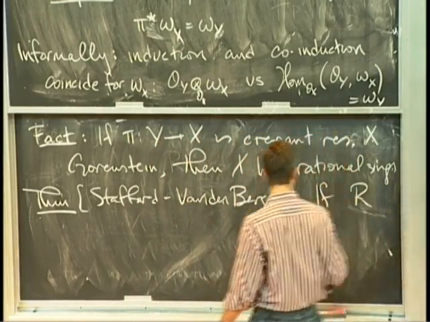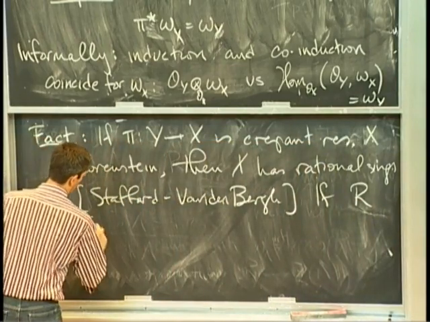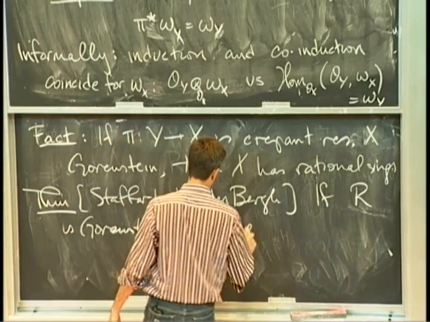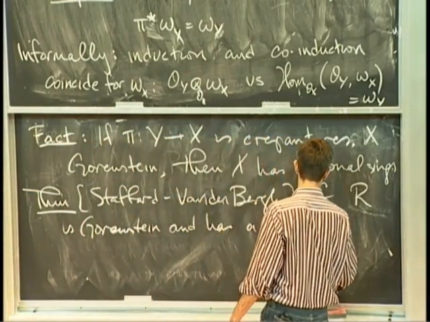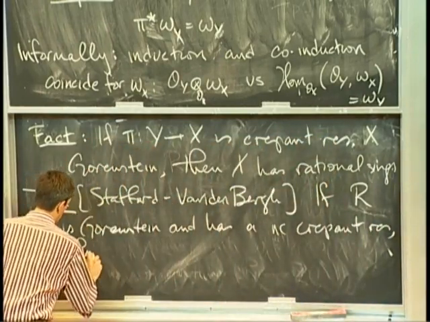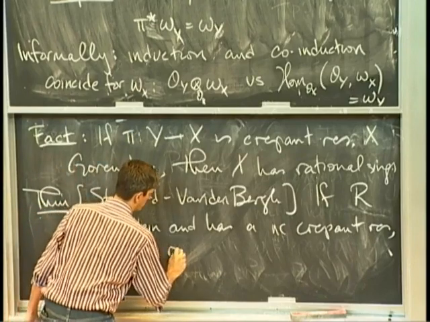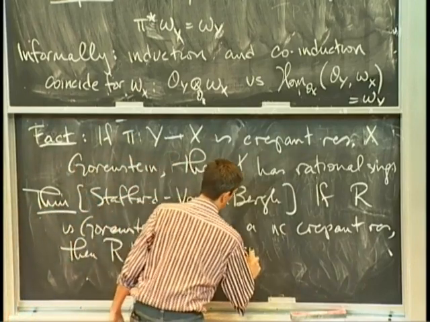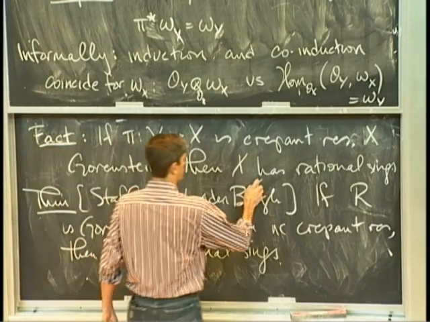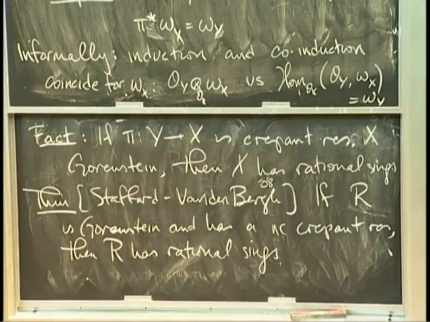If R is Gorenstein and has a non-commutative crepant resolution, then R has rational singularities. And this is from 2008-ish, I think. So we're at least not too far off the right track.